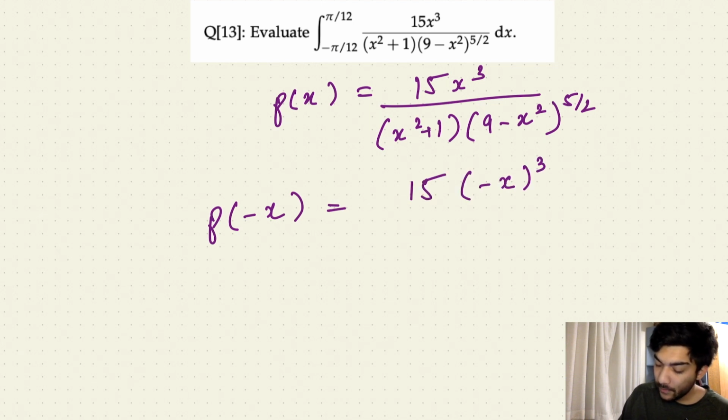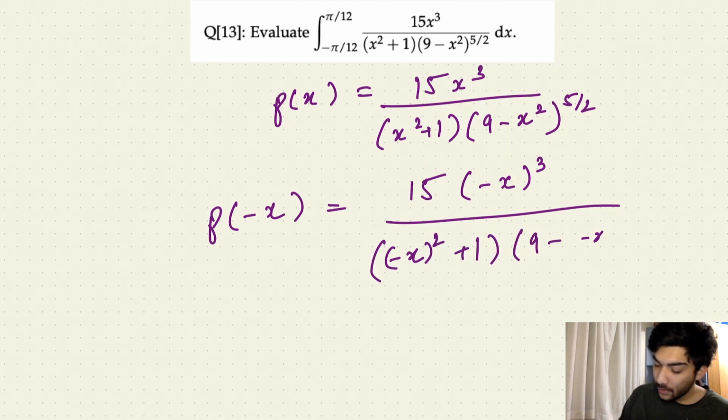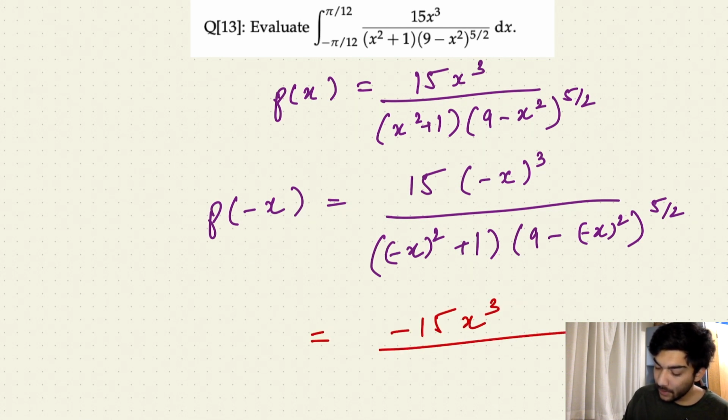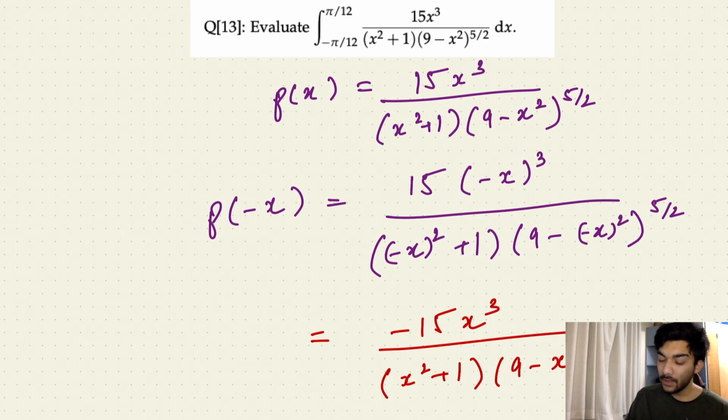So this would be 15 times (minus x) cubed upon ((minus x) whole square plus 1) times (9 minus (minus x) whole square) to the power 5 by 2. If we simplify this expression, we'll get minus 15x cubed upon (x square plus 1) times (9 minus x square) to the power 5 by 2.